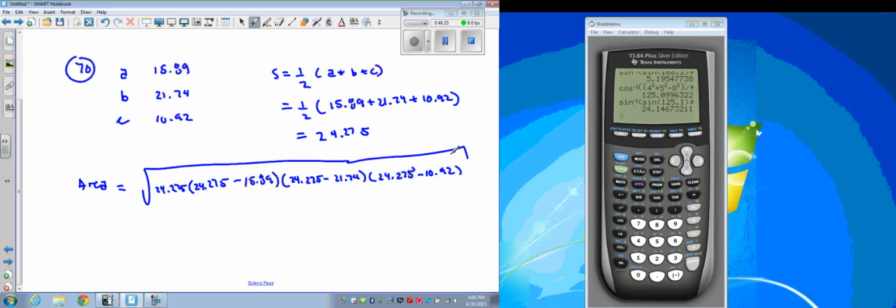I got 89. 83. 83, yeah. Rounds off to about 83.